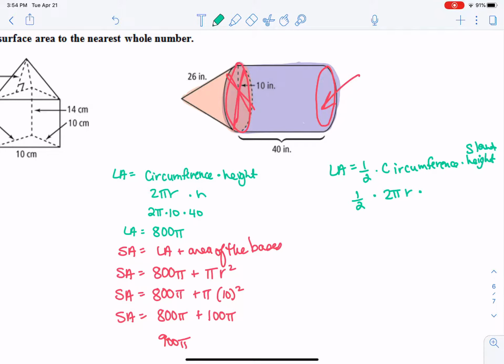The slanted height, I'll use a little l to show. So the lateral area is 1/2 times 2 pi times 10, which is the radius. And then that slanted height is 26. These will cancel out, and the lateral area is 260 pi.